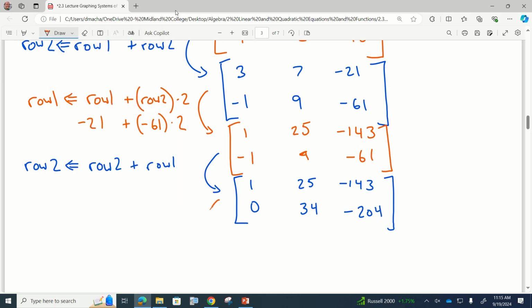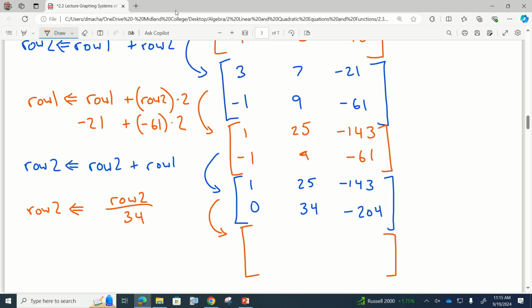And we're doing really well. I've got a 1 in the top left. I've got a 0 in the bottom left. How do I make this 34 into a number 1? Yeah. Very good.